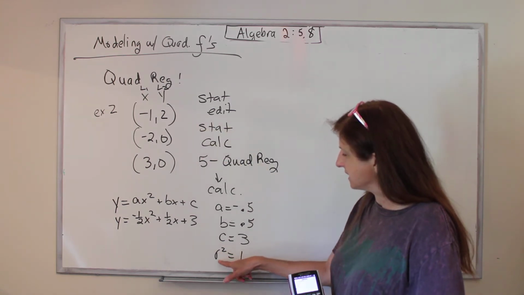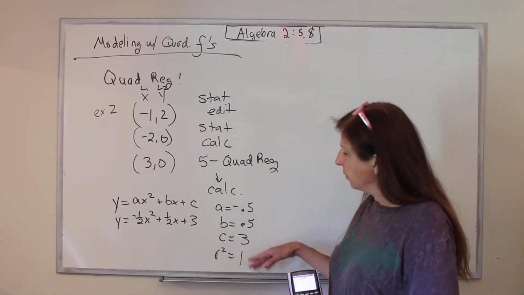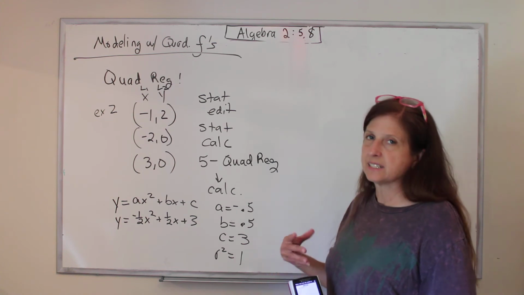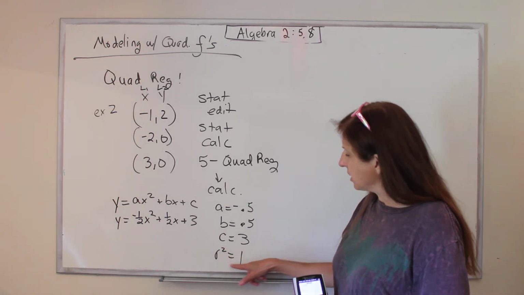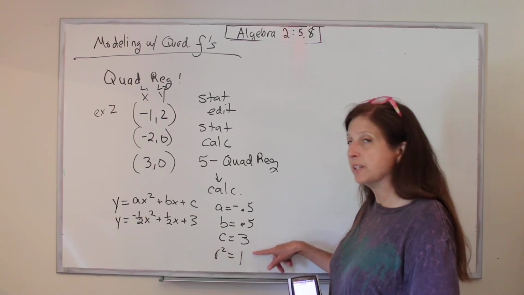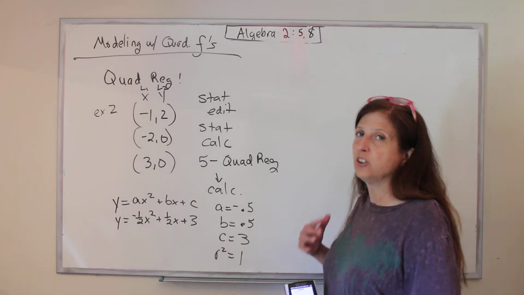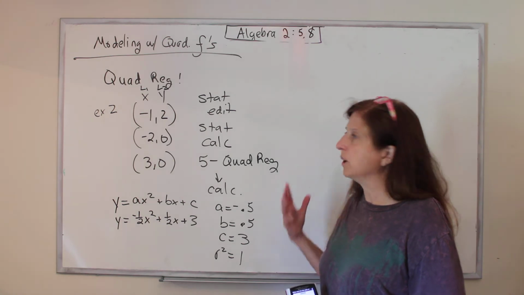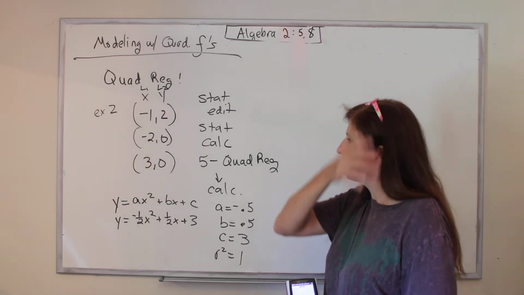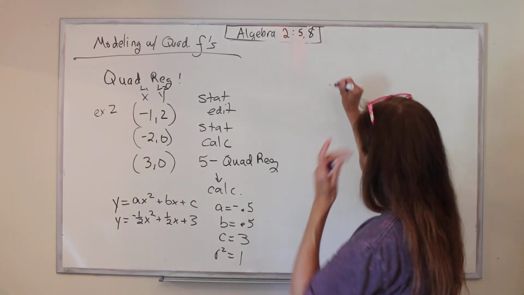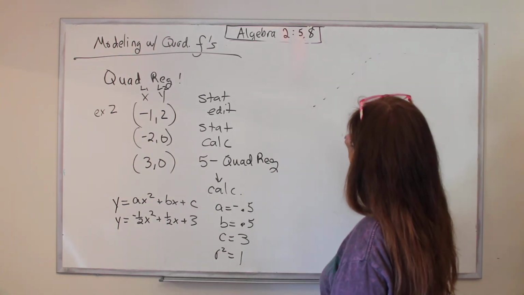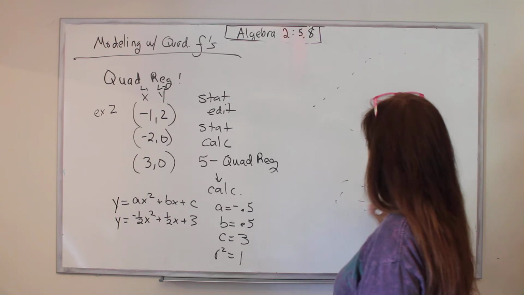Now the last thing it says is r squared equals 1. That is statistics diagnostics, which means that the closer this r value is to 1, the better your data fits what you're trying to get here. Remember when we learned about how things can have positive correlation, negative correlation, or no correlation?